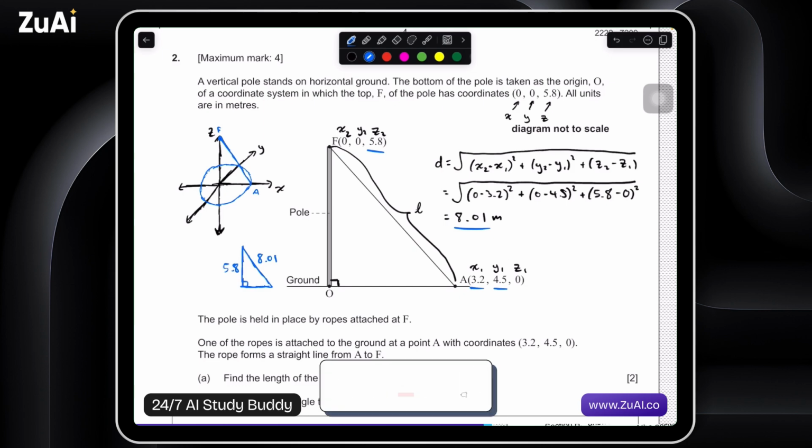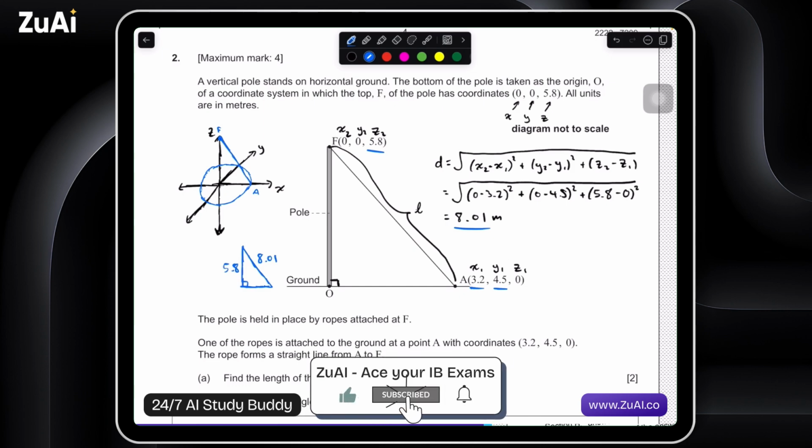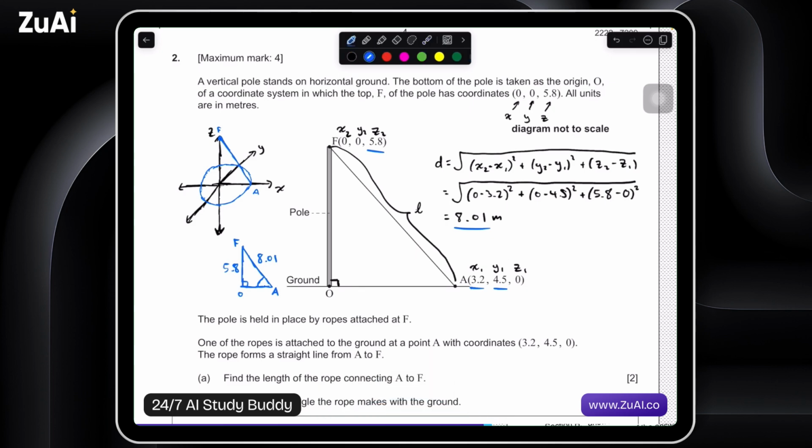Now, if we want to find angle FAO, this angle right here, we can use our right angle trigonometry. So let's go ahead and do that. I'm going to grab this, bring it over here.